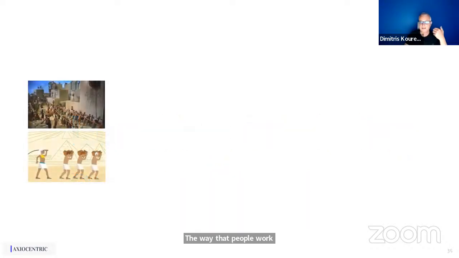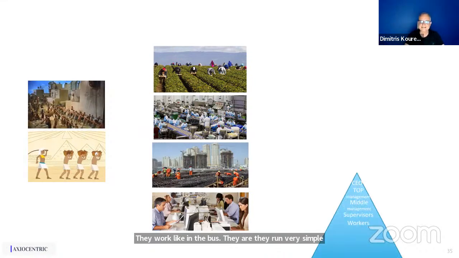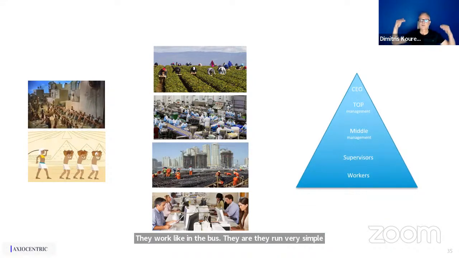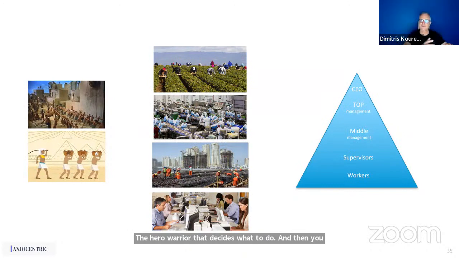For example, still many people have in their mind that the workers, let's say at the end of the pyramid, work like in the past. They run very simple manual tasks, and so you need at the top of the pyramid the super smart CEO, the hero warrior that decides what to do, and then you have the next levels of somehow supervisors making sure that all the orders will be executed well, and then at the end you have the workers that have to execute what they had before.